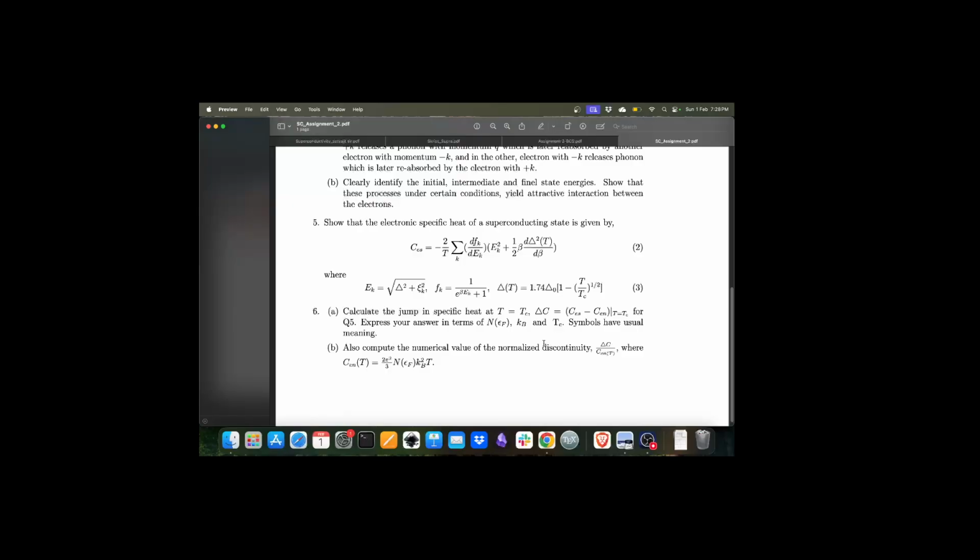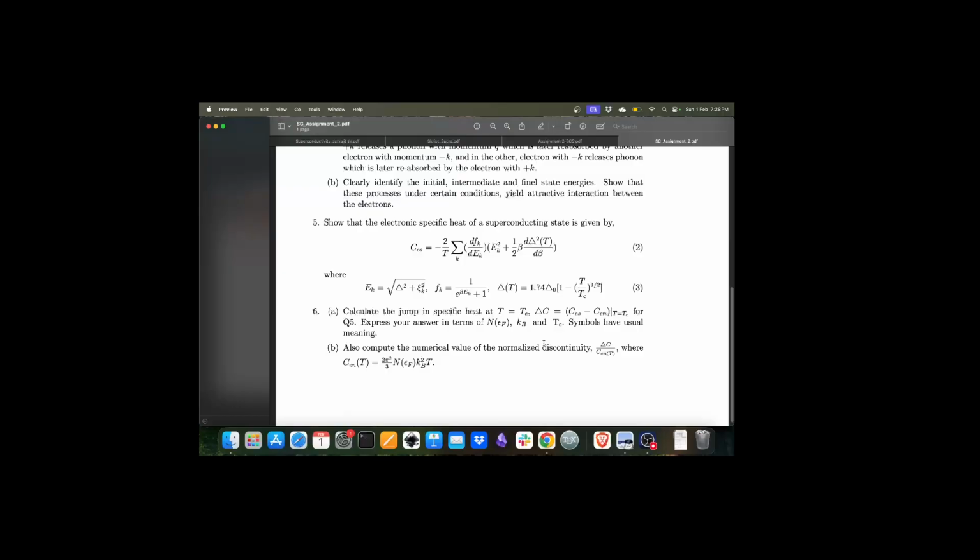So at T equal to Tc, this delta term actually vanishes, because delta of T is proportional to 1 minus root of T by Tc. So this term vanishes as T goes to Tc. So what we have is del Fk del epsilon k and then epsilon k square, right?